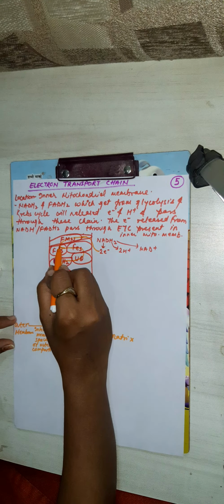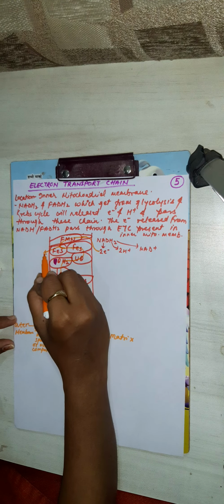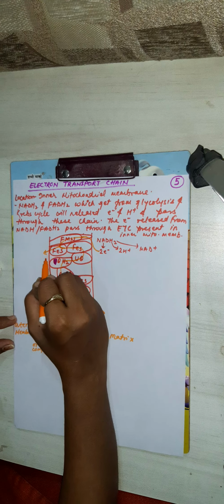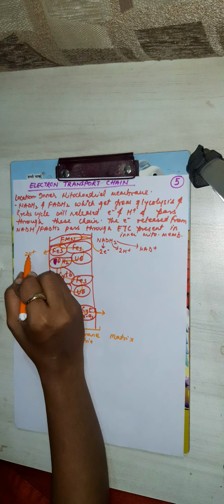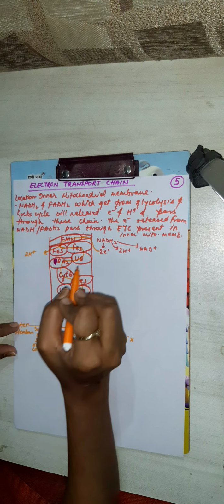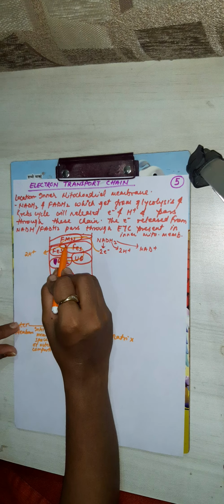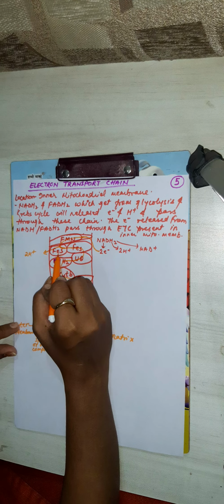Energy is released when the electron moves, and it will pump a pair of protons. It will pass through FMN. FMN is flavin mononucleotide. FeS is iron sulfur protein.